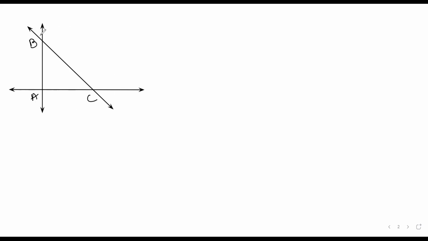So, suppose these are the lines A, B, C. So AB and AC are perpendicular to each other. So obviously triangle ABC is a right angled triangle.